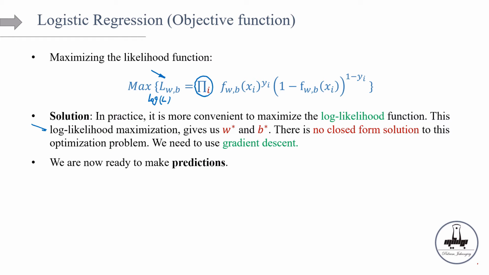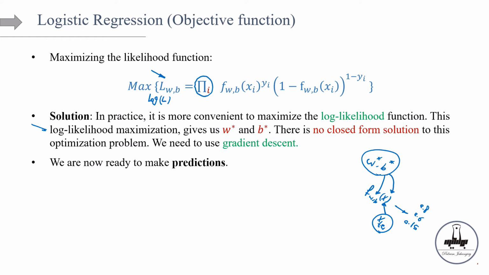All right, so we are now ready to make predictions because at the end of the day, we have W star and B star using the MLE. And now we can simply put them in our function, which is the S-curve. So we know the f of W and B. We plug these numbers into the parameters, and then we add some test set here. And the model is going to give us some probabilities, let's say 80%, let's say 60%, let's say 15%.